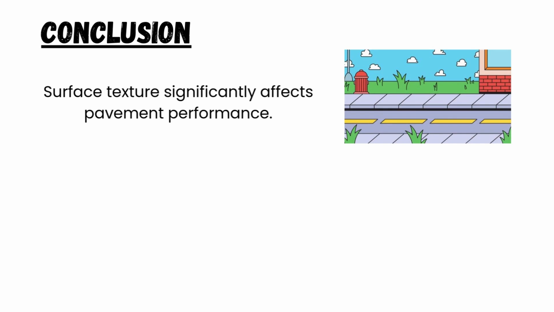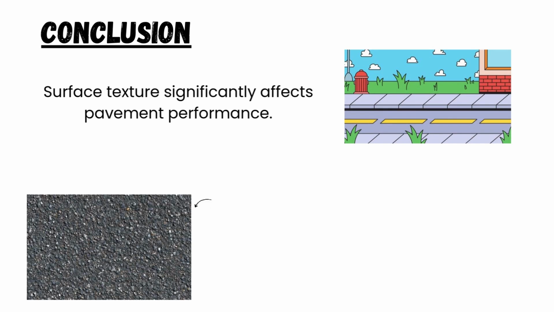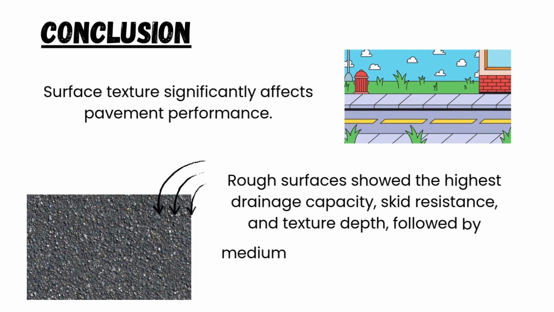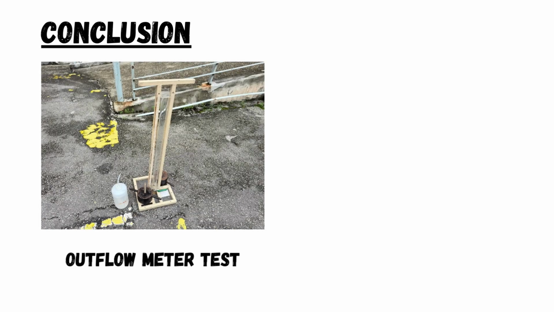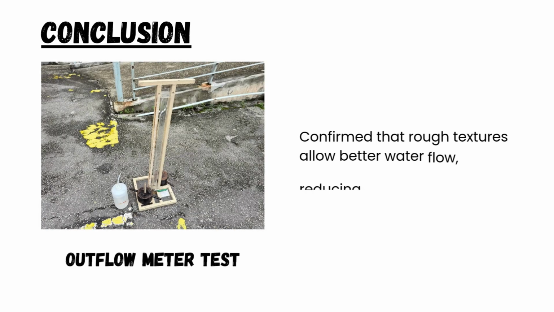Based on the experimental results, surface texture significantly affects pavement performance. Rough surfaces showed the highest drainage capacity, skid resistance, and texture depth, followed by medium rough and smooth surfaces. The outflow meter test confirmed that rough textures allow better water flow, reducing water accumulation.